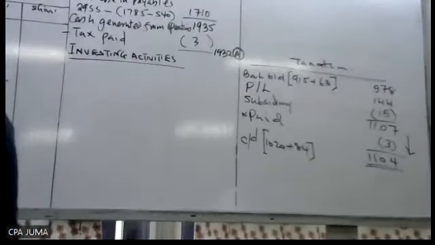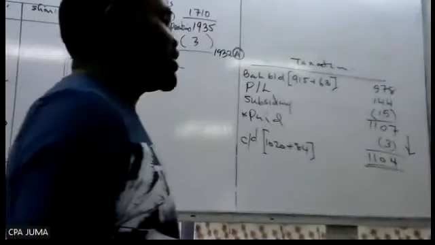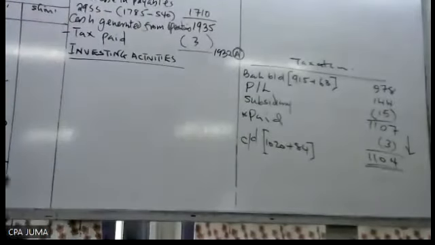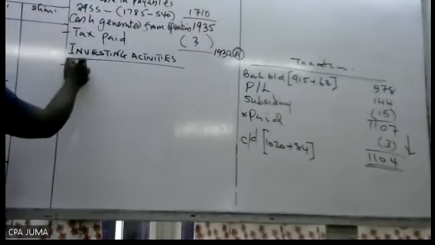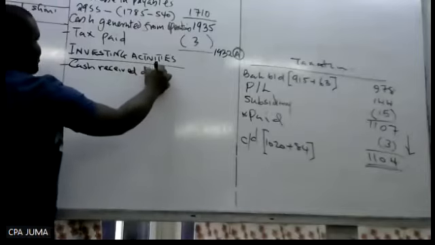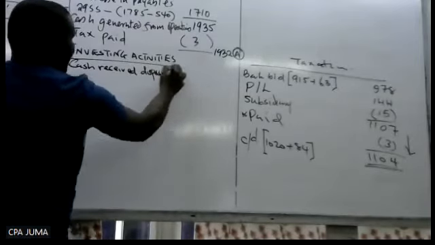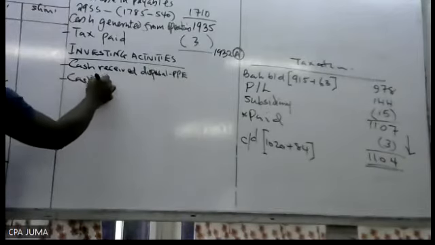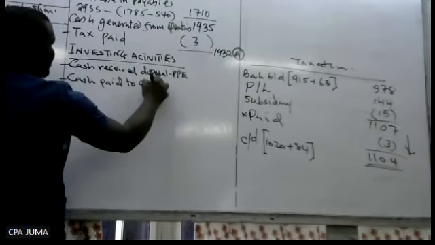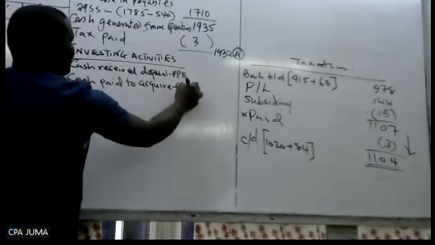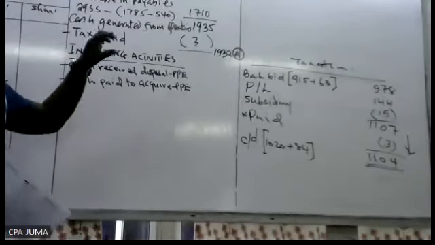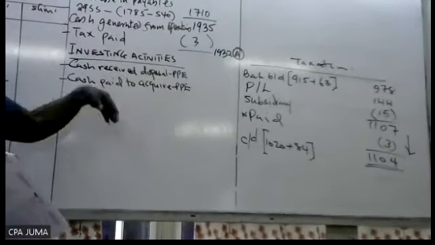The first one is property, plant, and equipment. Two things: cash received on disposal of PPE, and cash paid to acquire PPE. Mostly, they will give you one of these, then you must prepare the PPE account to determine the other one.